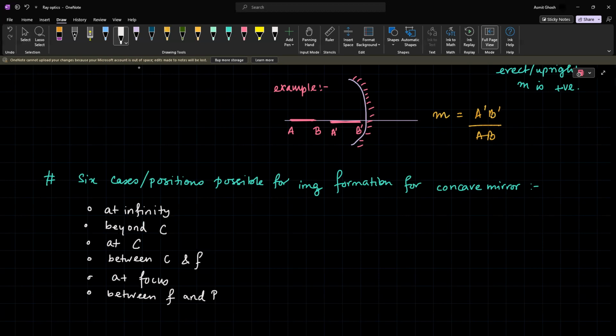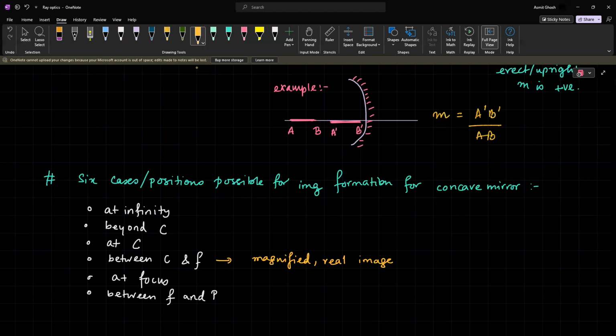Now, at the last two cases, I will just say two cases where you get a magnified image. One is when the object is between center of curvature and focus. In this case, you get a magnified real image.